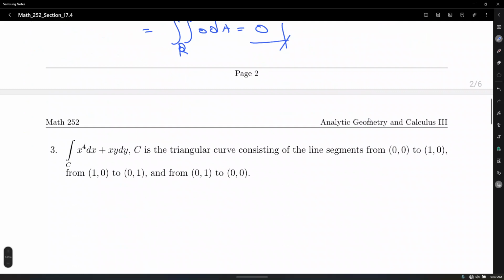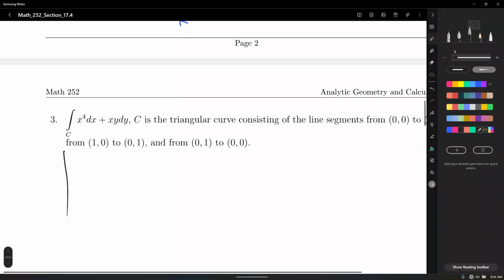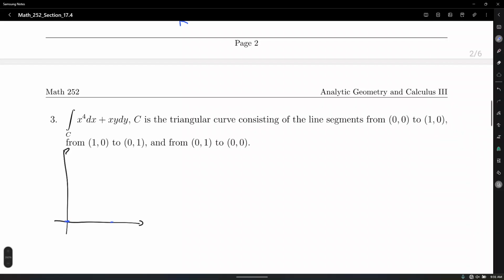Number 3. The integral of x to the 4 dx plus xy dy, where C is a triangular curve consisting of the line segments from the origin to the point (1, 0), from (1, 0) to (0, 1), and from (0, 1) back to (0, 0).